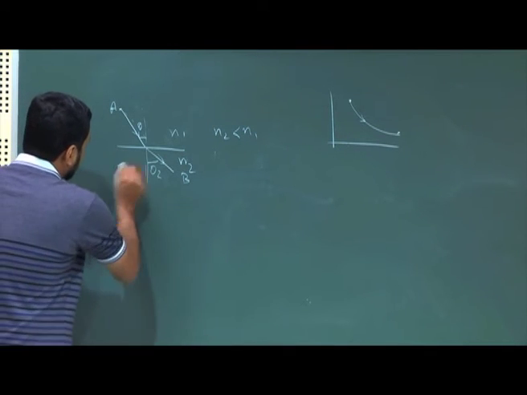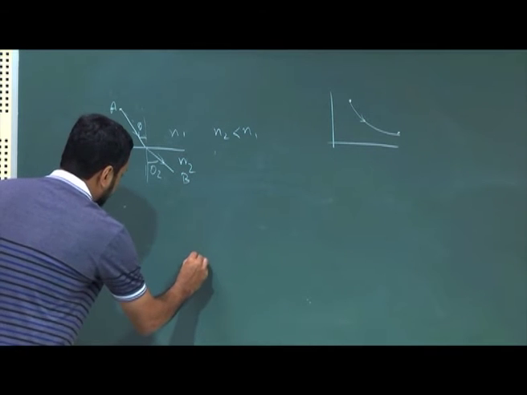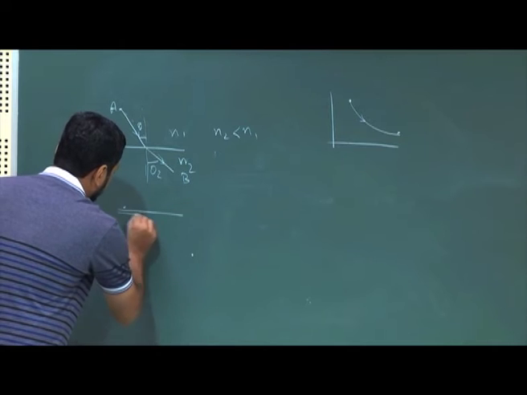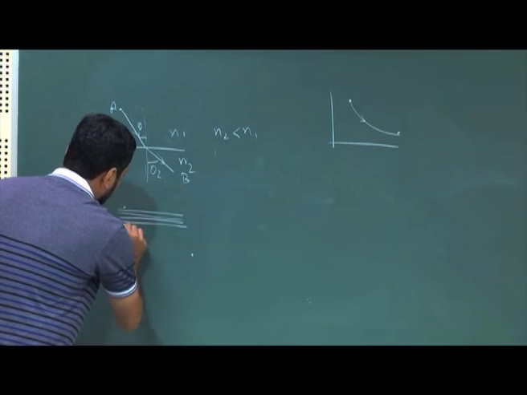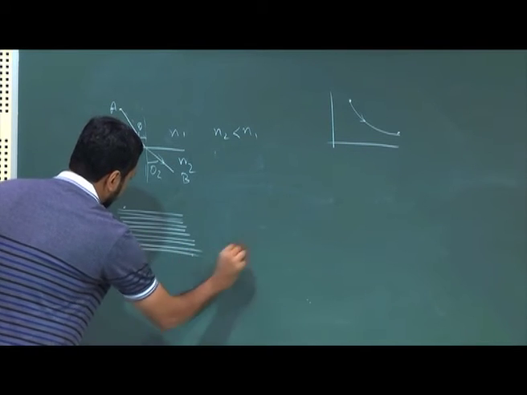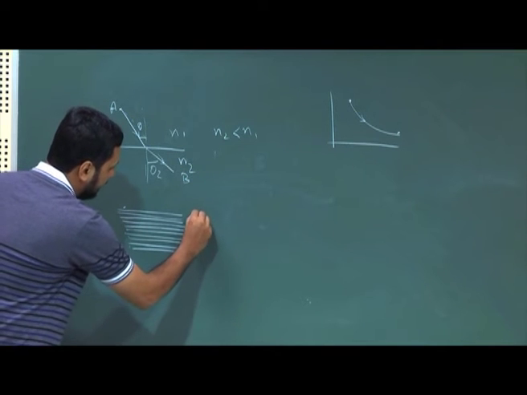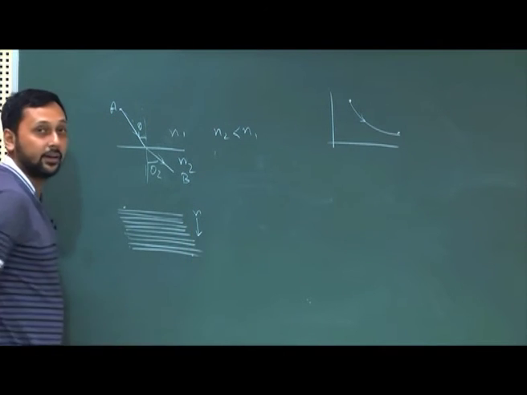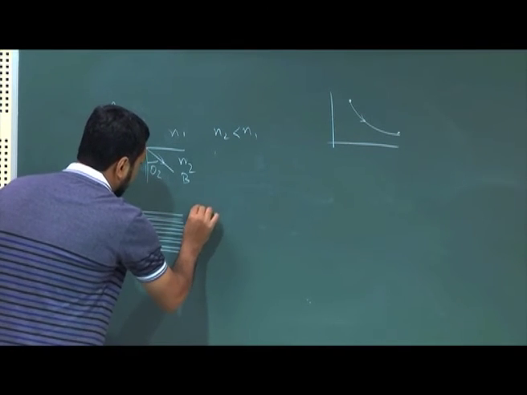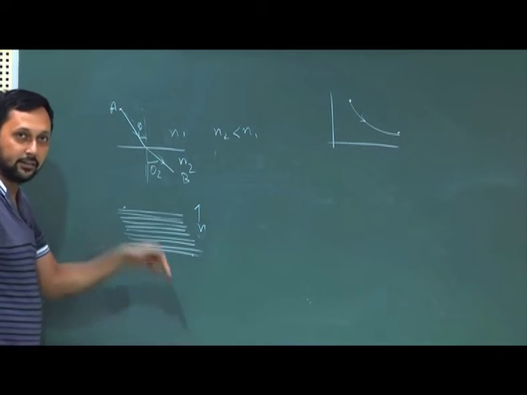Now if I add many more levels, let's say this is my point A, this is my point B, and we add many more levels of material. It's a hypothetical experiment, for example, many more levels where the density is decreasing in this particular direction. Or rather I should put the arrow up. As we go up, the density is increasing, and as we go down, the density is decreasing.